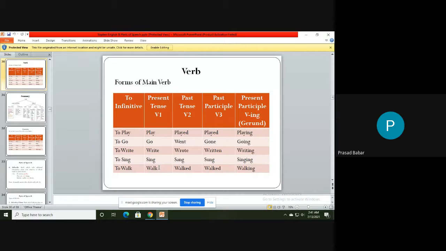Its past form or second form will be walked, and its third form will be walked. And in the ing form, we add ing to walk and it will become walking.